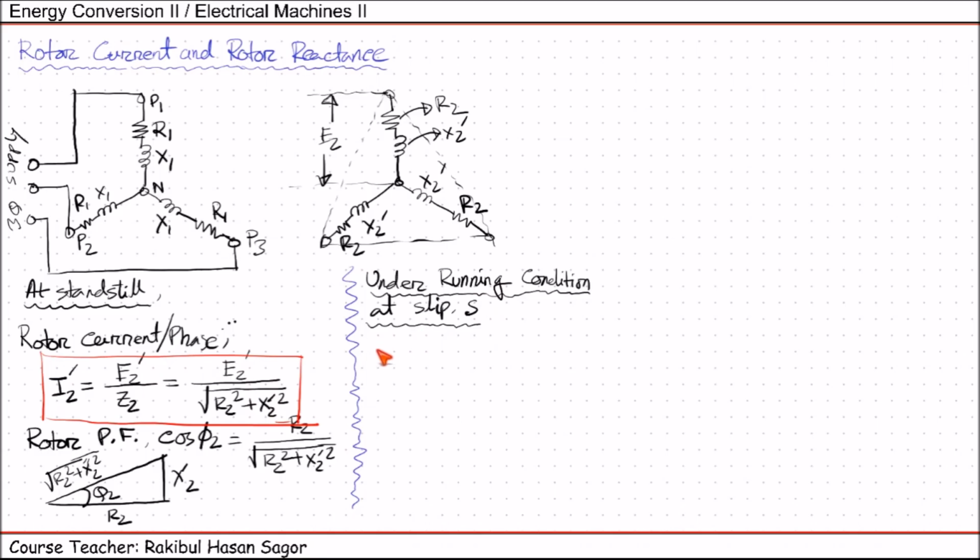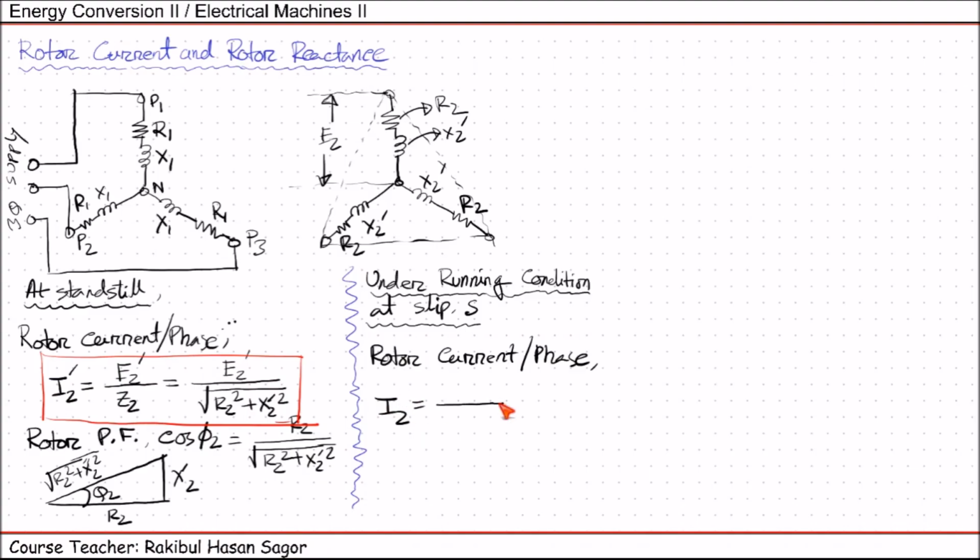So the rotor current per phase will be I2, as it is under running condition. That's why I'm not putting that prime notation.